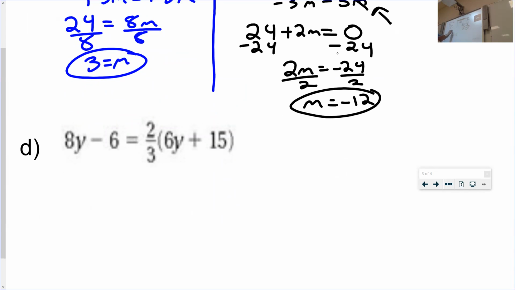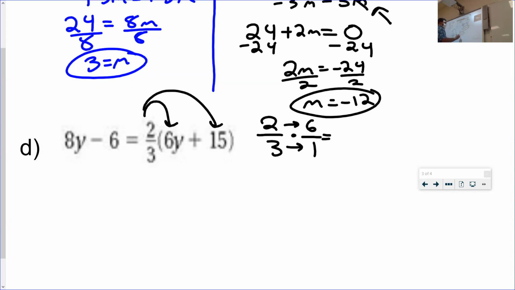So I'm going to distribute this 2 over 3 to this and this. Now remember, when you multiply something with a fraction, especially a whole number, you just want to put it over 1. And you multiply straight through. No cross multiplication, guys. So 12 over 3 equals 4.